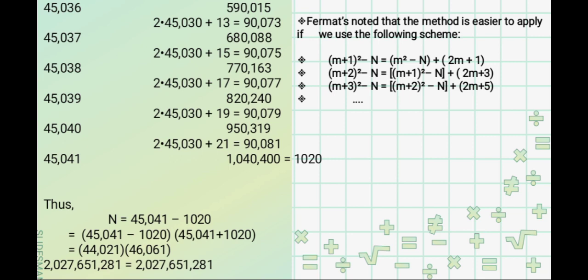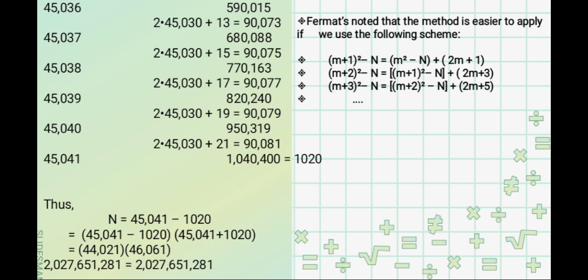So to check if sakto ba jud ato ang solution or ato ang calculation nga ginabuhat, we are going to apply the Fermat's method. Okay, so we have here our n. So n is equal to sa ato ang last number sa ato ang m, which is 45,041, minus sa ato ang p squared, okay, which is 1,020. So factor out 45,041 minus 1,020, and then on the other side we have 45,041 plus 1,020.